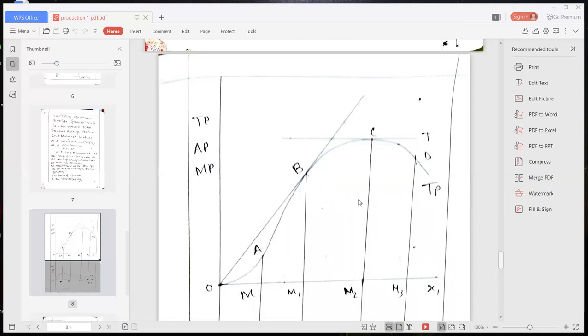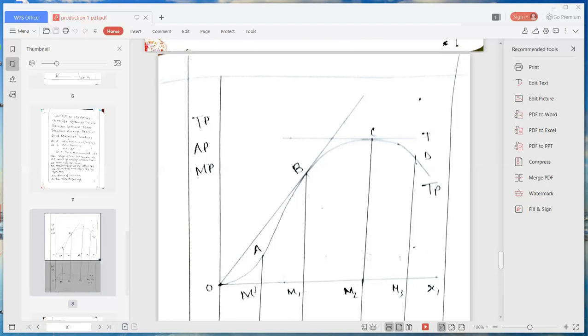This means the average is maximum at B, and it goes on decreasing at the production levels OM2 and OM3, but is maximum at the production level OM1.